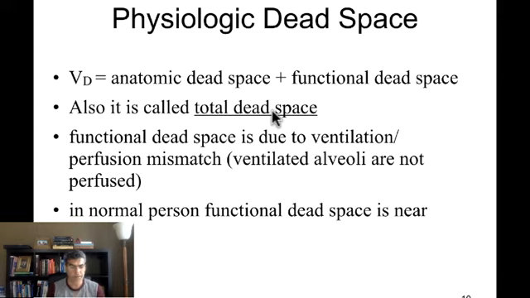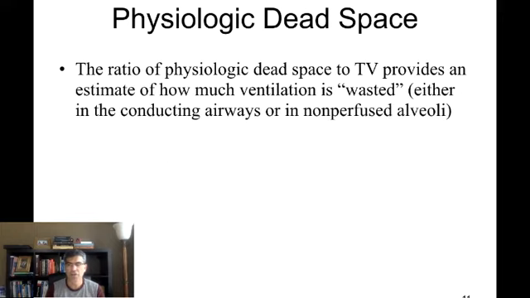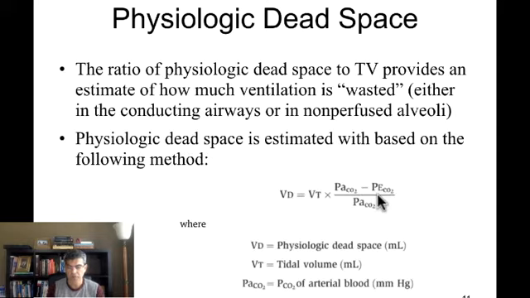In a normal person, we expect that this functional dead space be close to zero, although it's not zero. In many diseases, this functional dead space may increase. As a result, your physiologic dead space is going to increase. To measure physiologic dead space, we're going to use this formula.